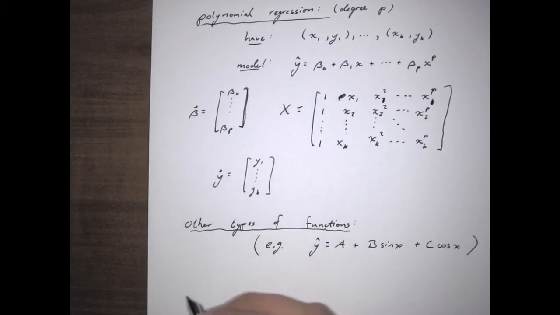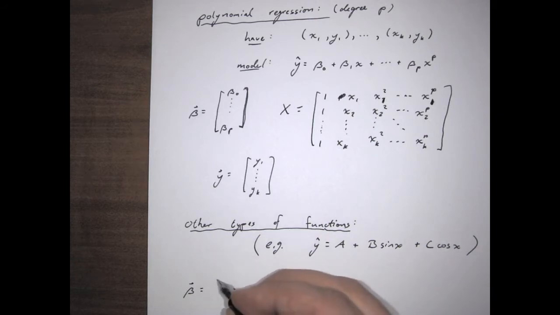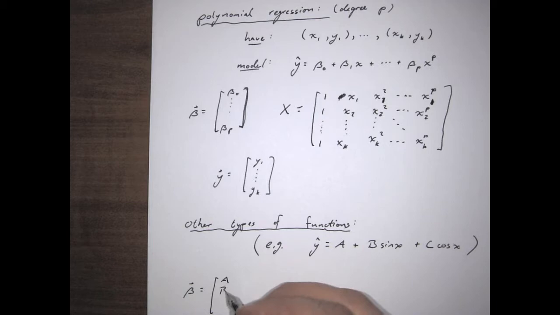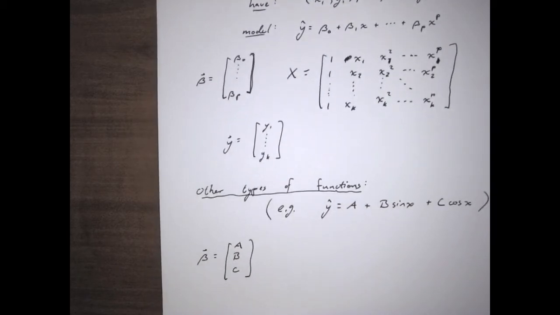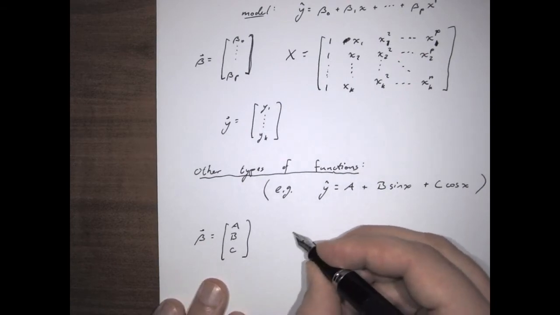Then here the beta is just going to be the 3 pieces, and we can even just write them as a, b, and c if we want, so as to help us customize this to our specific example. So the beta parameter vector will be a, b, c.